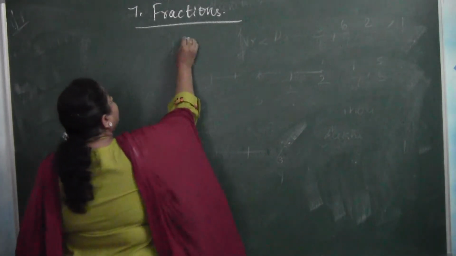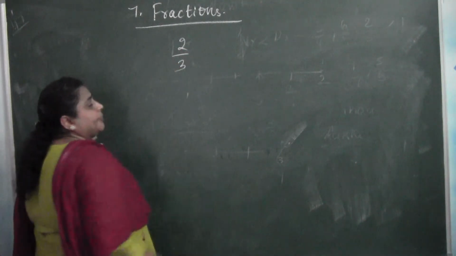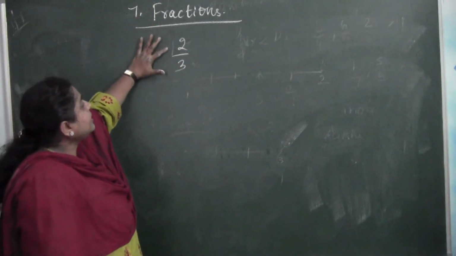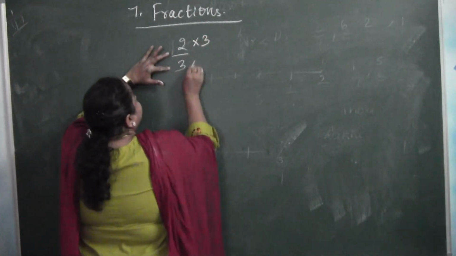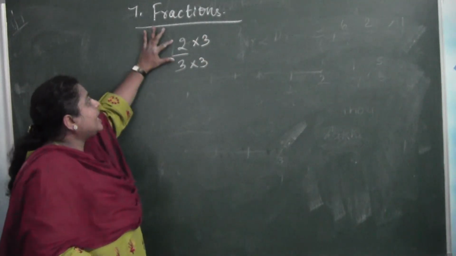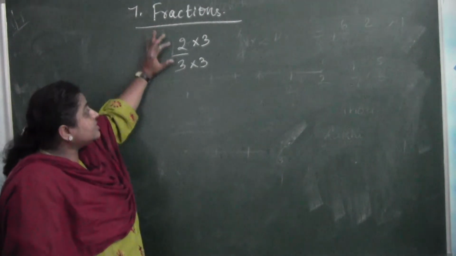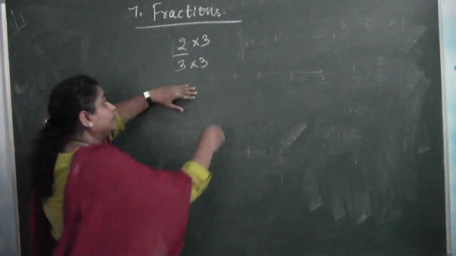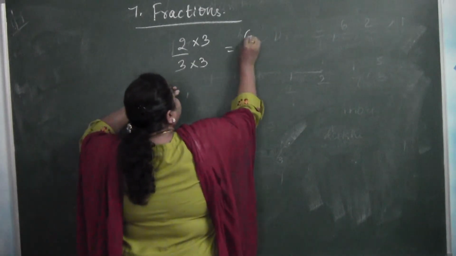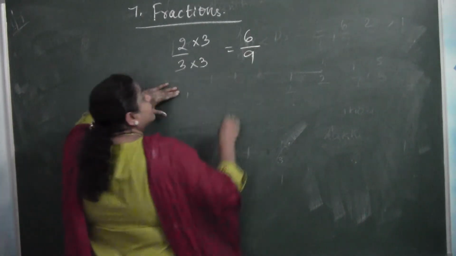Now suppose I have here 2 by 3. Now I am multiplying 2 and 3 with the same number, into 3, into 3. Whatever number I multiply the numerator by, I multiply the denominator by the same number also. 2 3s are 6, 3 3s are 9.